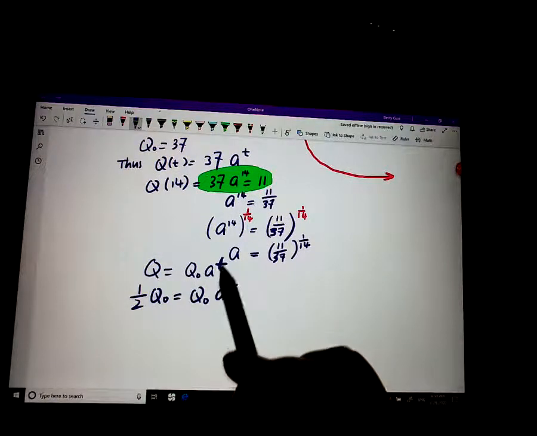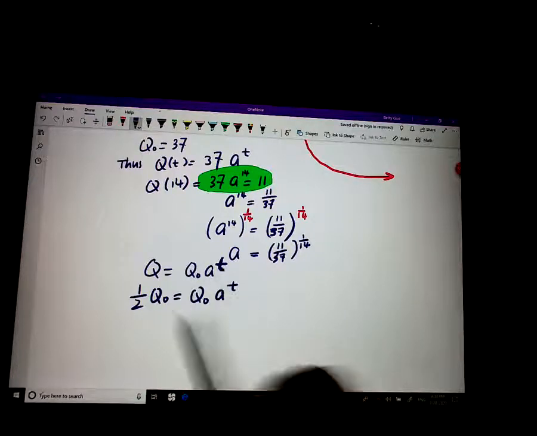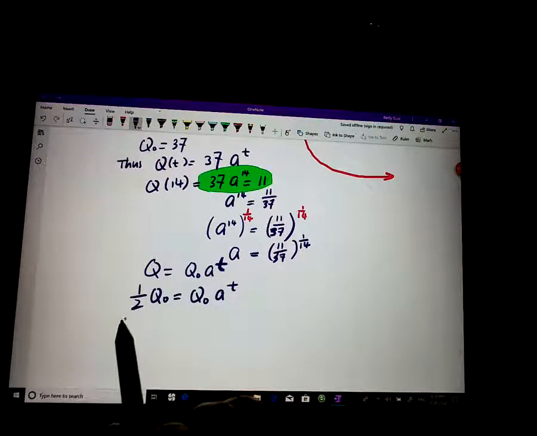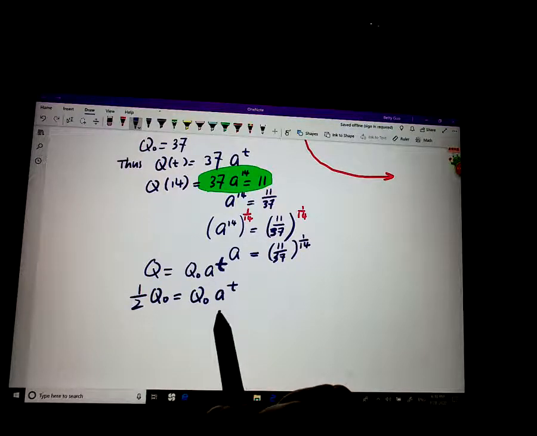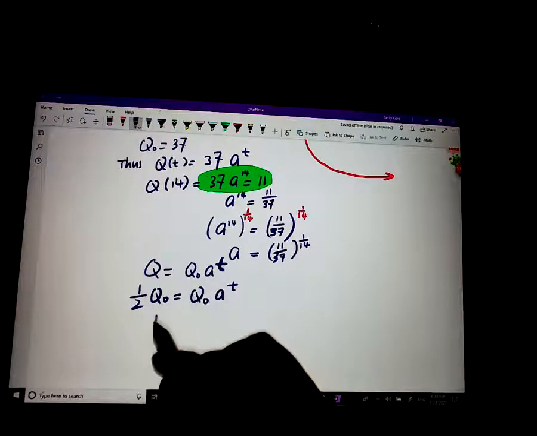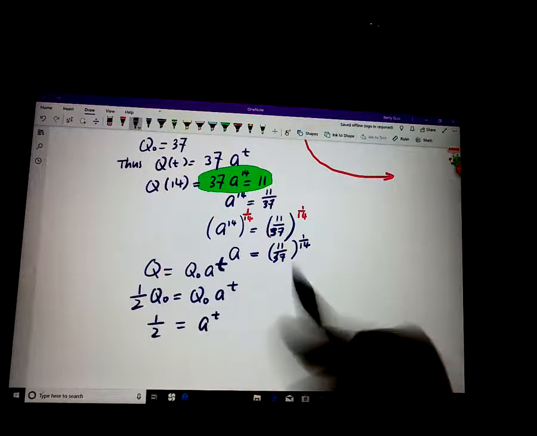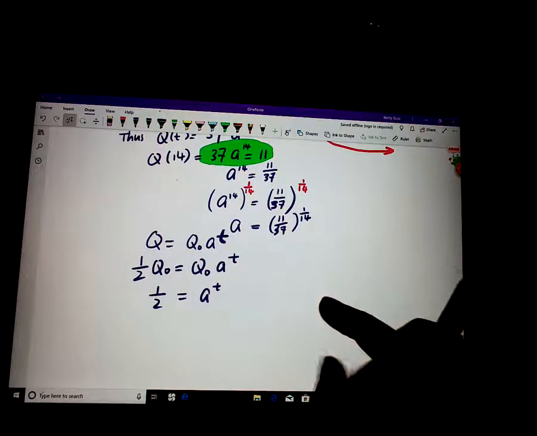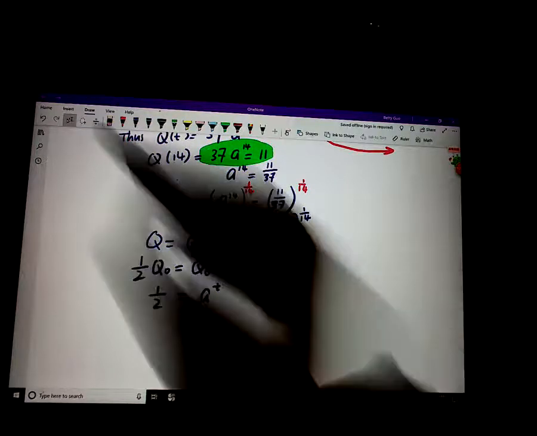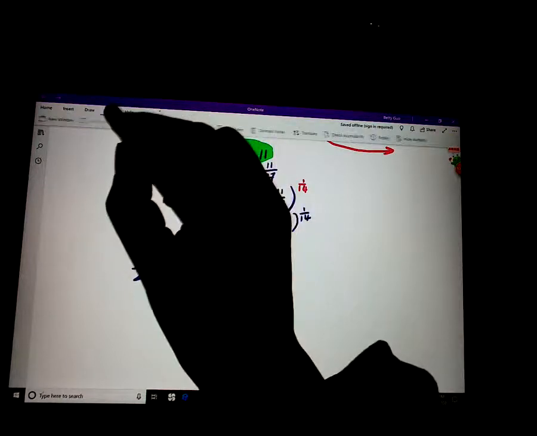So we are looking for the time t such that after that period of time, the population becomes half of the initial value. That's how we set up this equation. And the Q sub 0 cancels out. We have one half equals a to the power of t. And we are going to apply the natural logarithm.